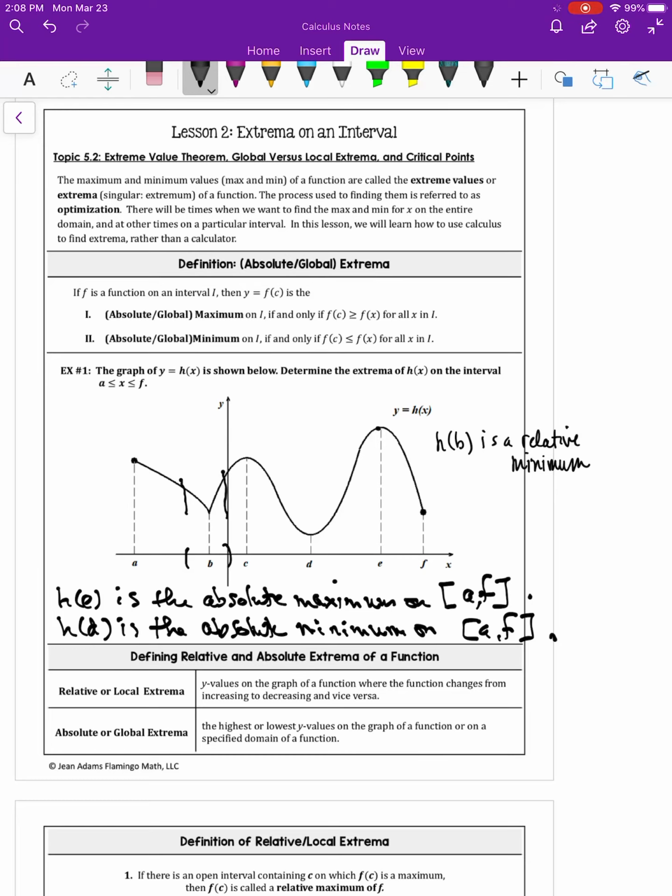On that closed interval, it had absolute maximum and absolute min, but this one, it would be considered in the neighborhood a minimum. And then if we look at the next one, if we look in the neighborhood of C, and so we're just focusing here, h of c is going to be a relative maximum.